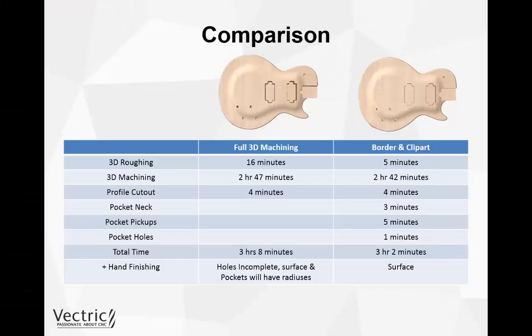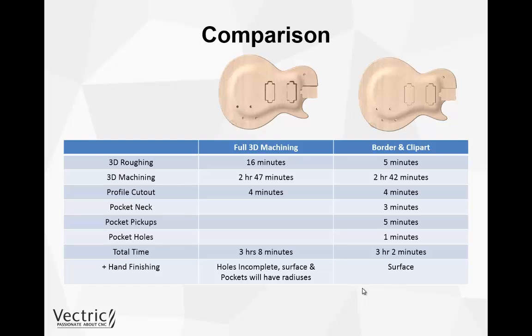This table just demonstrates the difference between full 3D machining and machining only the parts in 3D that we need to, versus the 2D toolpaths for the holes and the pickups and the neck. You can see the total time is virtually the same, about 3 hours and 10 minutes. The major difference between the two is the fact that we had holes which were incomplete on the full 3D machining model.